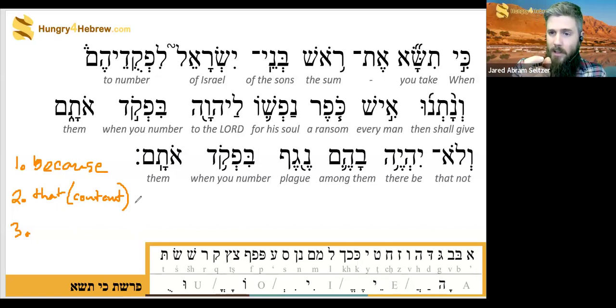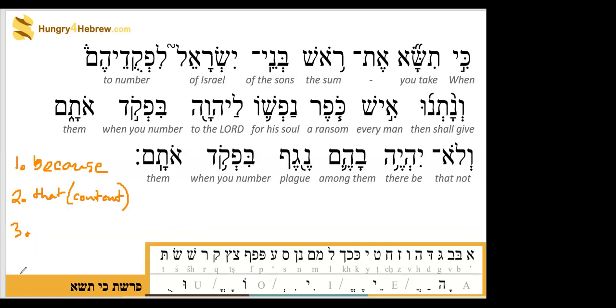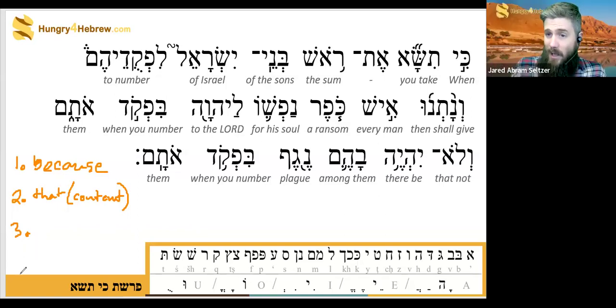Ki, here comes the content, that everyone's studying Hebrew. Then the last option is ki as when, since, or at the time of. It could even be translated as if, in the sense of when. So let's just call it when or since. And that's what's happening here.